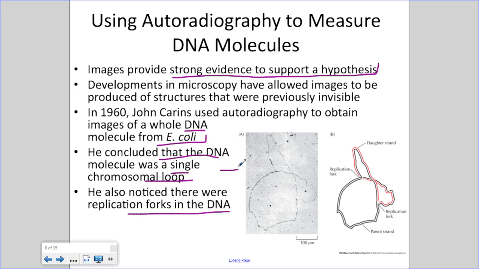The image provided here is an example of the type of image Cairns would have generated from autoradiography. The black dots are the bacterial chromosome, and the loops off to the side are the replication forks. We'll look in the next slide at how these black spots get generated to show the shape of that chromosome.